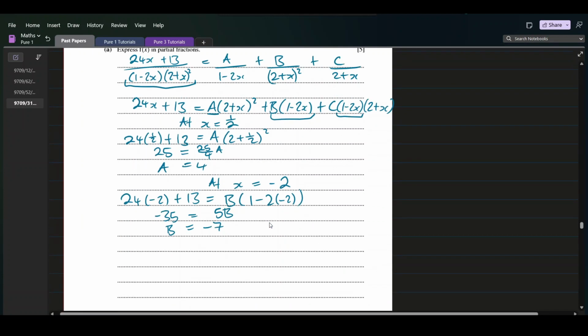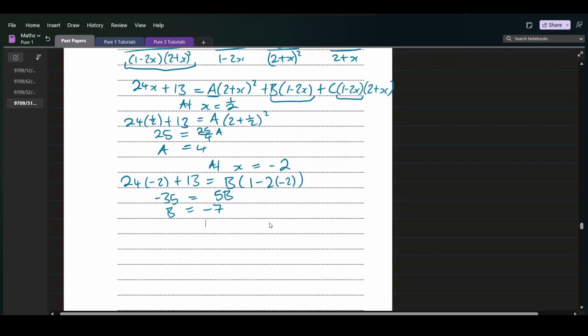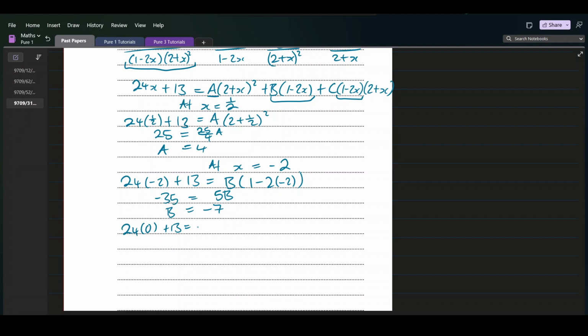And now to evaluate C, we're going to substitute x with 0, and then we'll substitute both A and B with their respective values. So this becomes 24 times 0 plus 13 is equal to A, which is 4, times 2 plus 0 squared plus B, which is negative 7, times 1 minus 2 times 0, and then plus C times 1 minus 2 times 0, and then 2 plus 0.